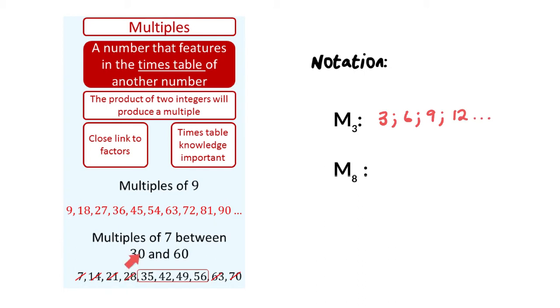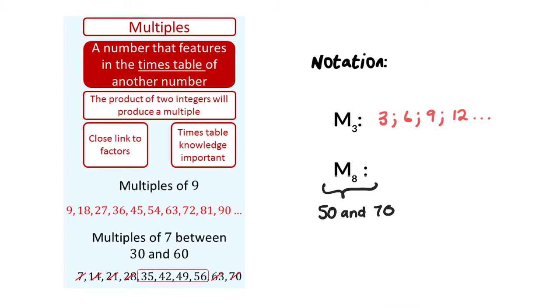And it is for that reason that you are sometimes asked to give the multiples between two given numbers, like in this example here at the bottom. So if we want the multiples of 8 in the category between 50 and 70, we can't start with 50 because that is not our first multiple of 8.